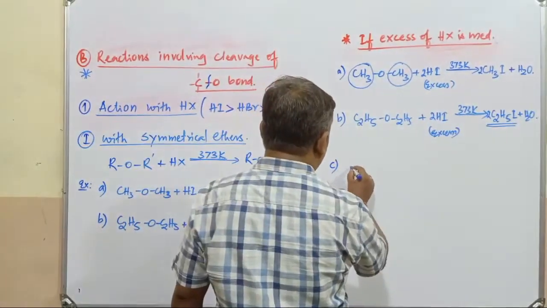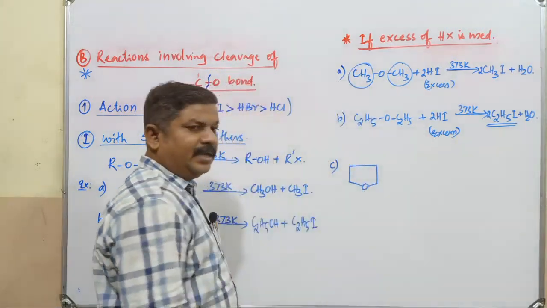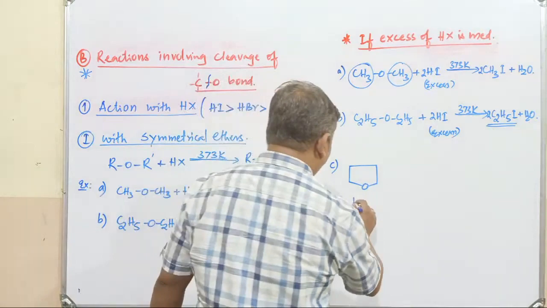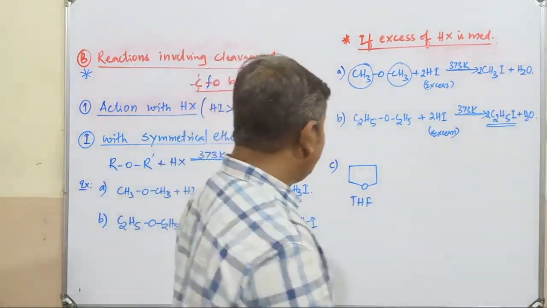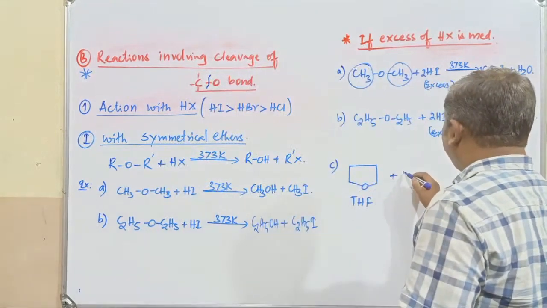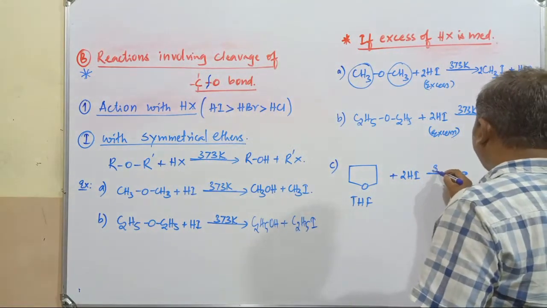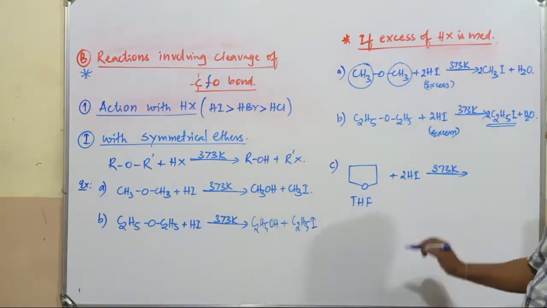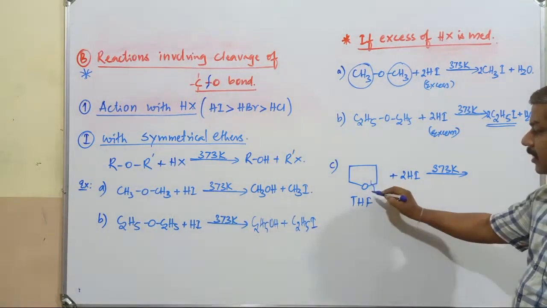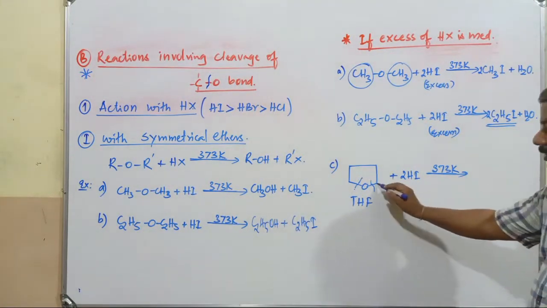Similarly, go with one cyclic ether, sorry, not aromatic. It is tetrahydrofuran, THF. What's the complete name? Tetrahydrofuran. When it combines with 2 moles of HI at the same temperature, 373 Kelvin, cleavage takes place across this carbon-oxygen bond as well as the other carbon-oxygen bond.